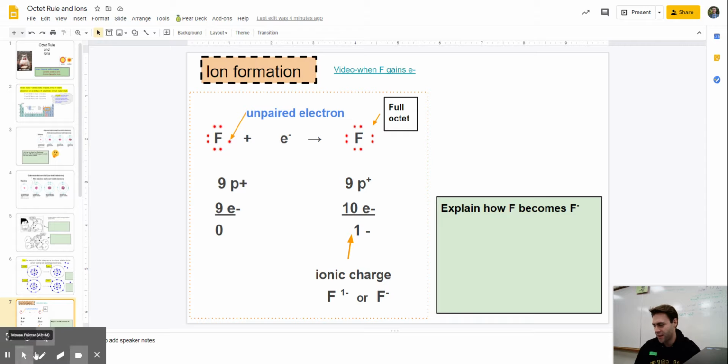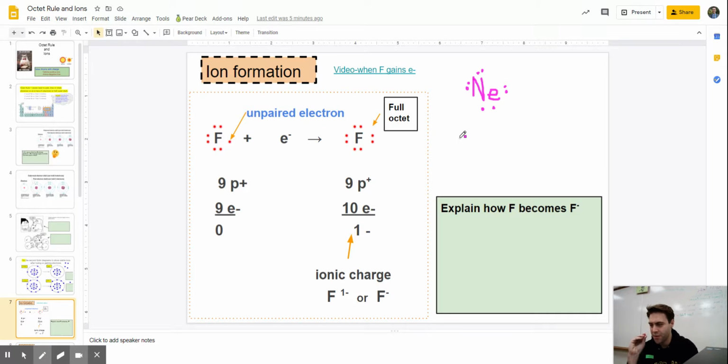Let me get my pen out, and I'm just going to write it right here. So here's neon. Neon is Ne. And we have 1, 2, 3, 4, 5, 6, 7, 8 valence electrons for neon. So it has a full octet.